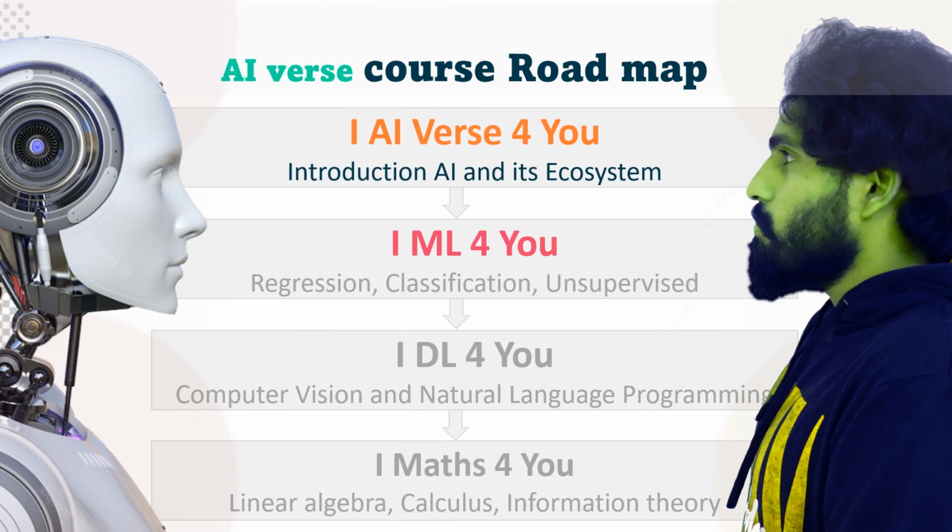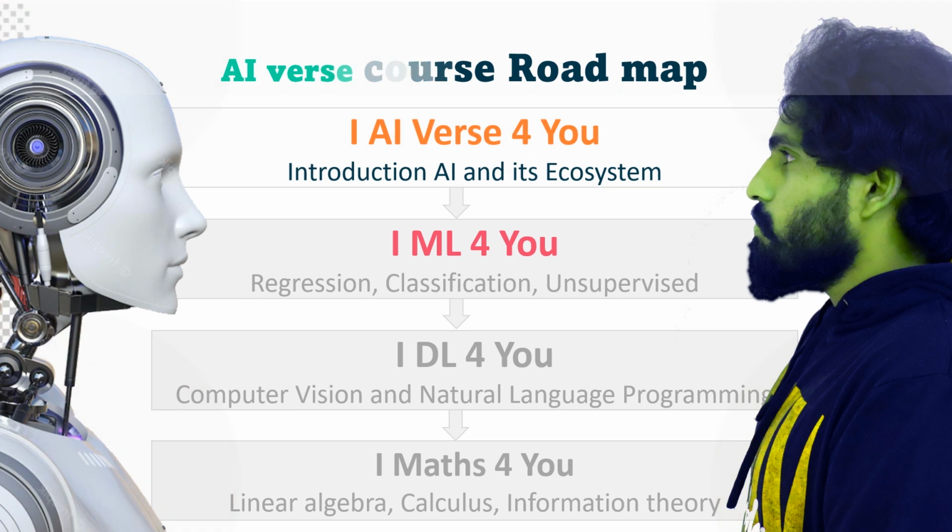So this is the overall AI course roadmap. We began with Intuitive AI-verse for You, where we understood the overall ecosystem of AI. That was just an introduction to AI and its ecosystem, and now we will be moving on to the next course, Intuitive Supervised Machine Learning Process for You.